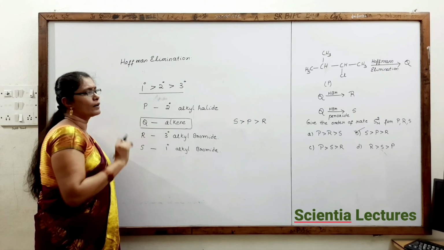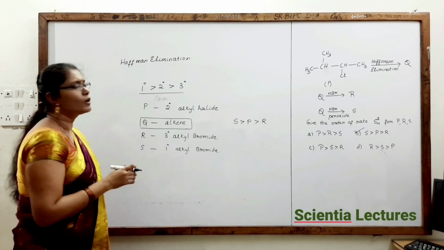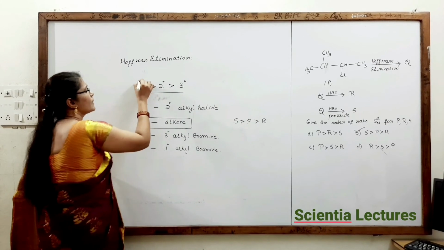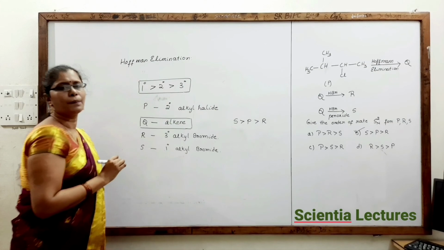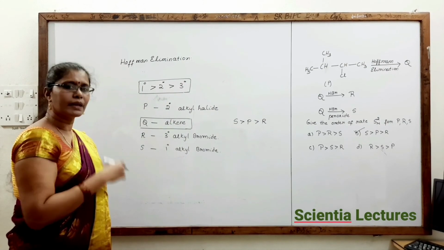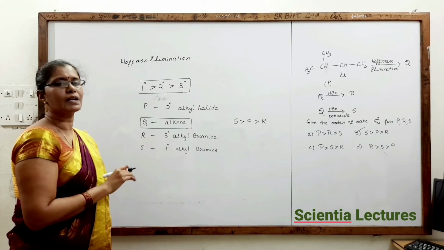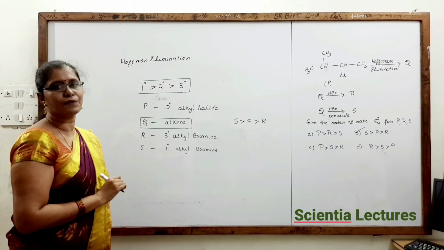So, the order of reactivity means these three concepts, and after knowing that, you will be taking that. So, here, remember that order of SN2 reactivity is primary greater than secondary greater than tertiary. Basing on that, by knowing four concepts only, we can get the correct answer for this question.